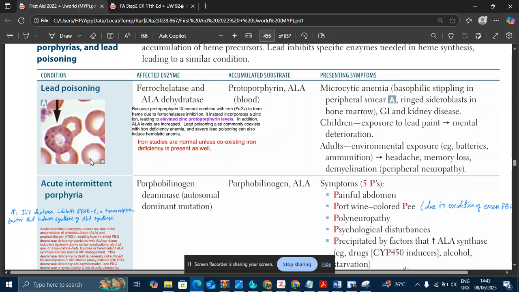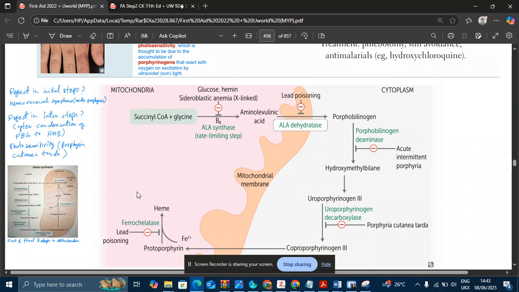One is due to defective heme synthesis, and the other is due to defective globin chain synthesis. The diseases in the category of defective heme synthesis include iron deficiency anemia. The second is lead poisoning, because I have already talked about heme synthesis.